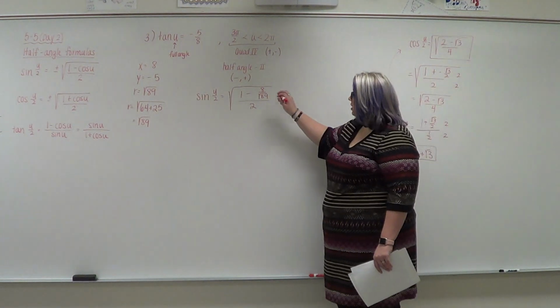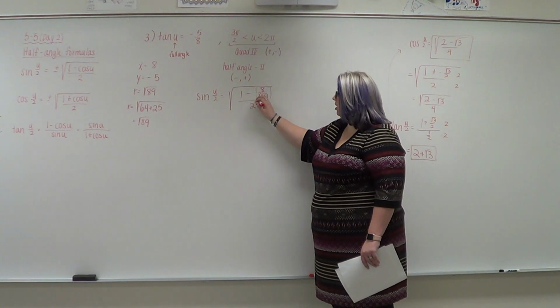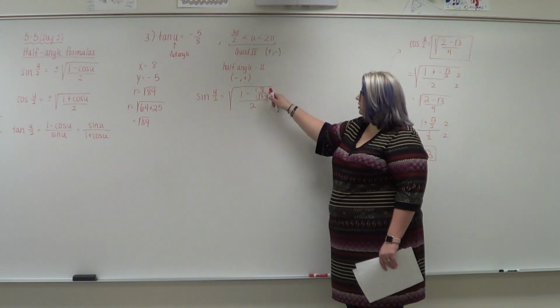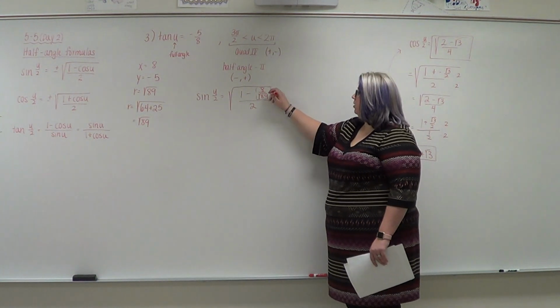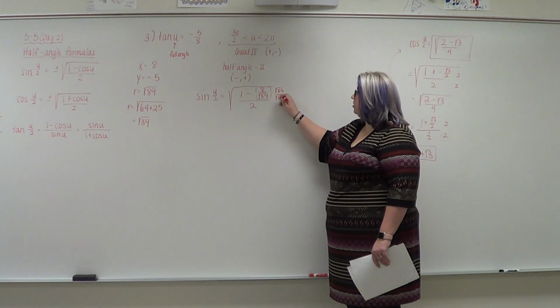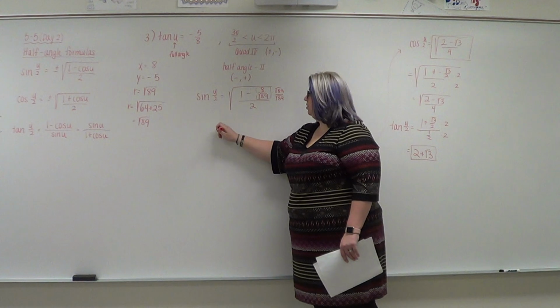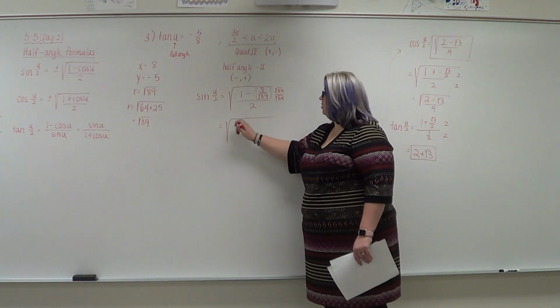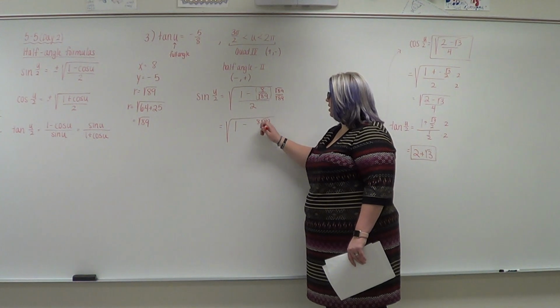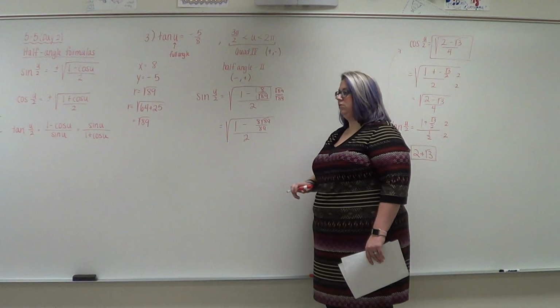Okay, this part right here needs to be rationalized before we can multiply by the denominator. So how would I rationalize that? Just this part. Okay, so that's just this fraction. So I have 1 minus 8 square root of 89 over 89, divided by 2.